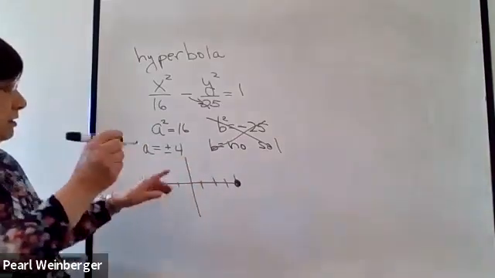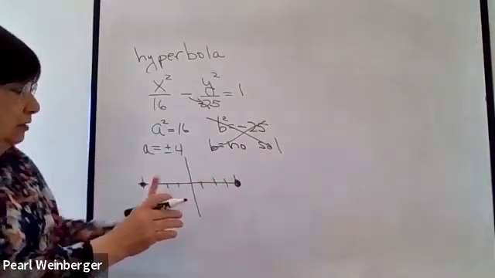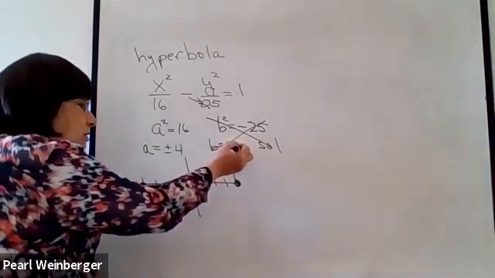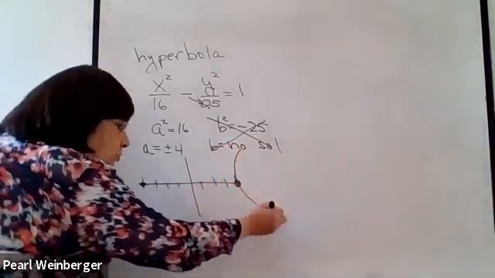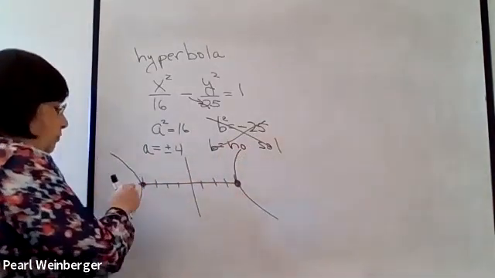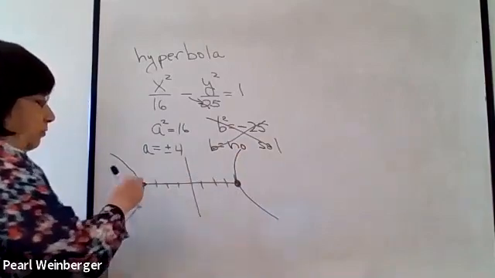And the graph is crossing the x-axis, but it's never crossing the y-axis. It turns out that what you get are these two U-shapes back to back through the 4 and the negative 4.